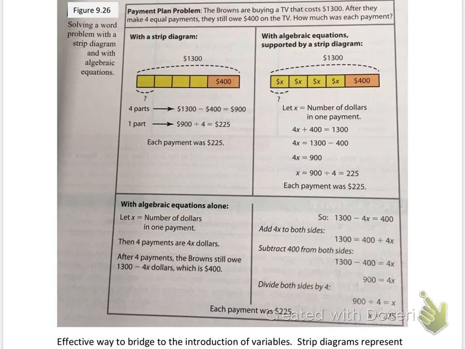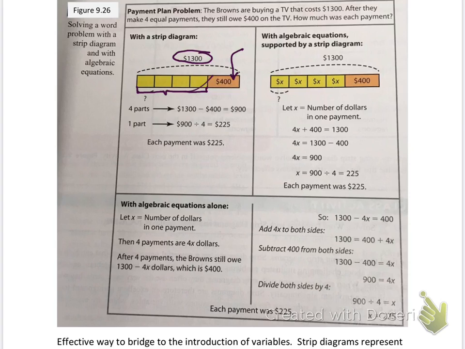Okay, so this entire fee is $1,300. This is the amount remaining, and they told you that there were 4 payments, and they were all equal. So 4 parts of this problem have to equal $1,300 minus $400, or $900.